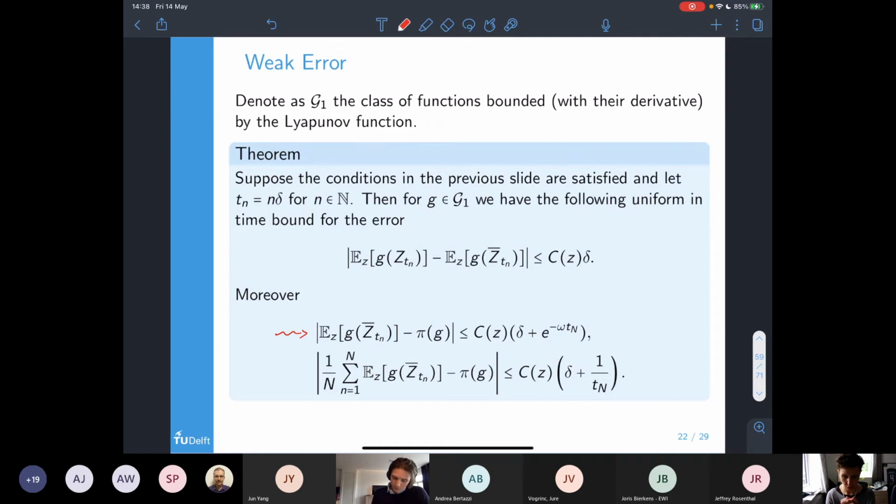And the bound we have, again, we have a dependence on the initial condition here, and then we have a delta plus something that decays exponentially in T. And also, if we want to consider the expectation of a Monte Carlo estimate of the expectation of G, we have the third and final result of the slide. And we see we can bound this error by some constants, again depending on the initial condition, times delta plus 1 over T_n, right? So it's going to 0 when delta goes to 0, and the time horizon goes to infinity.